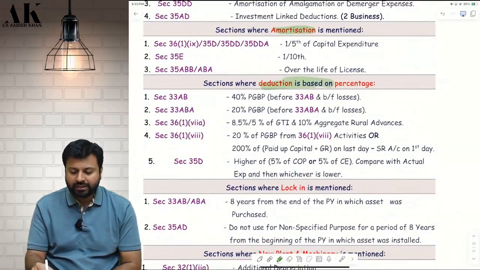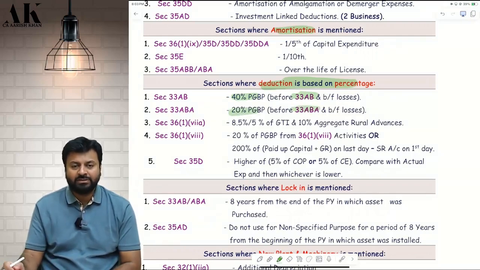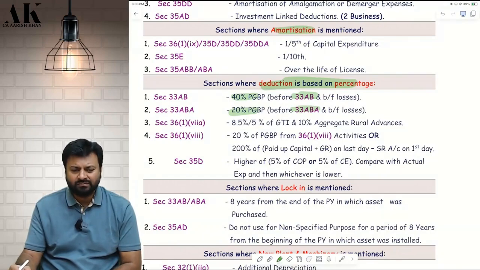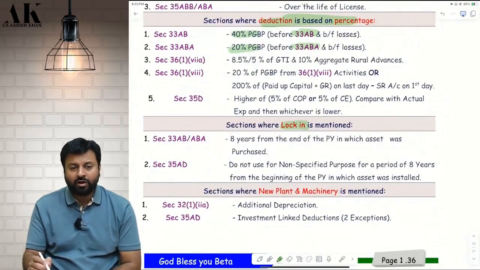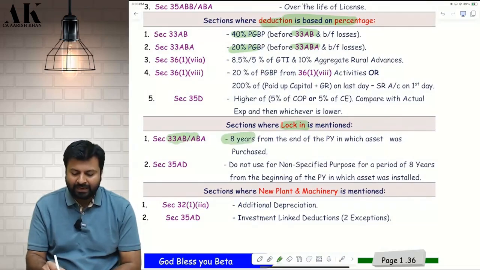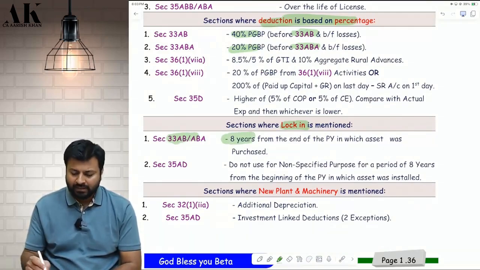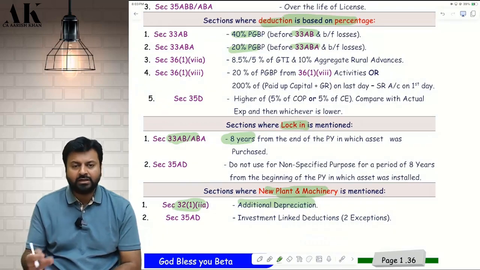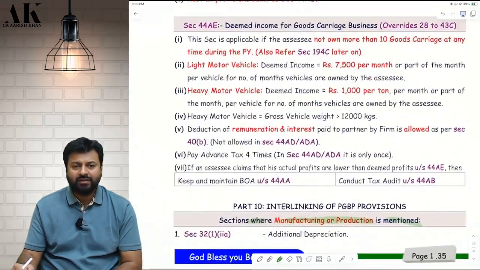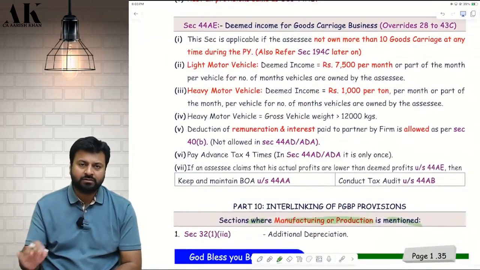In which all sections the deduction is based on some percentage, like 33AB, 40% of PGBP, 33ABA, 20% of PGBP. In which all sections there is a lock-in mentioned, like in 33AB, 33ABA, 8 years lock-in. And in which all sections new plant and machinery is there, like in 32(1)(iia), that is additional depreciation, new plant and machinery is there.